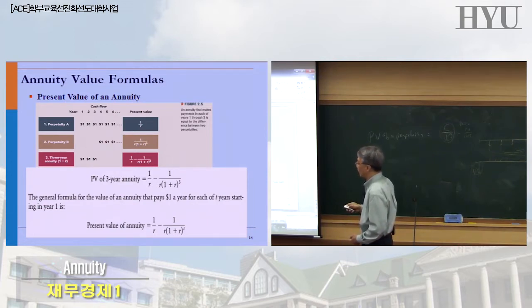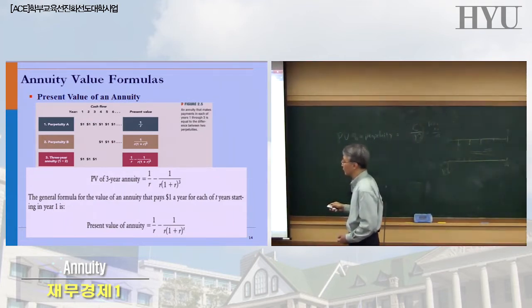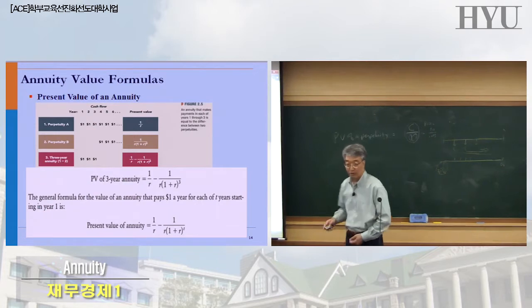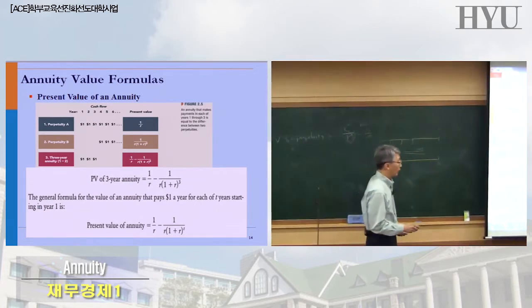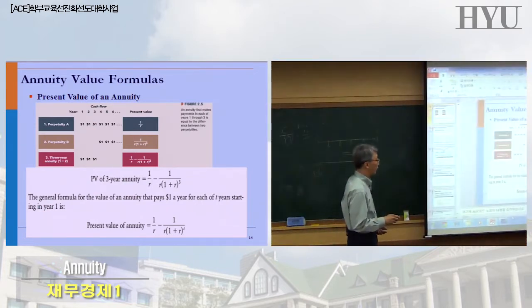And then think about another perpetuity here. The difference is it starts 3 years later. It doesn't start today, but it starts 3 years later. So what will be the value of this perpetuity, which is exactly the same as the first one, except that the first starts right now and this starts 3 years later?